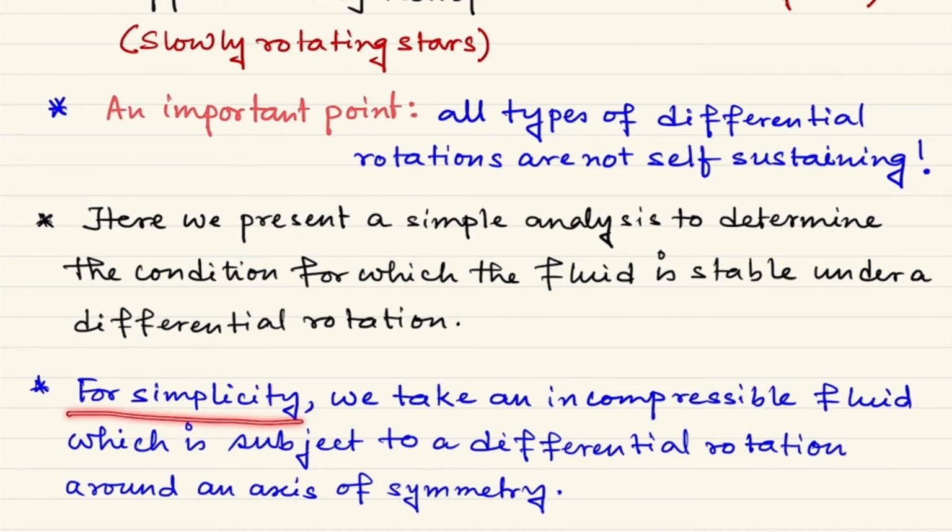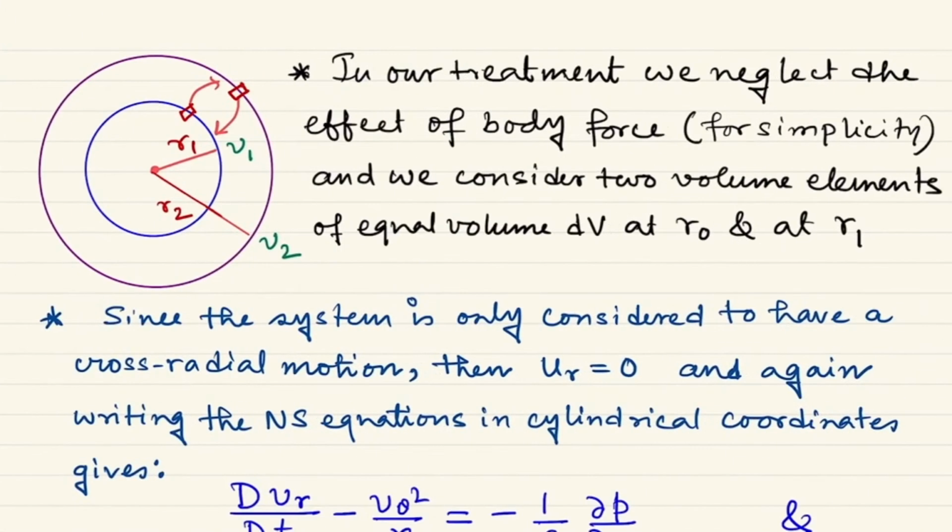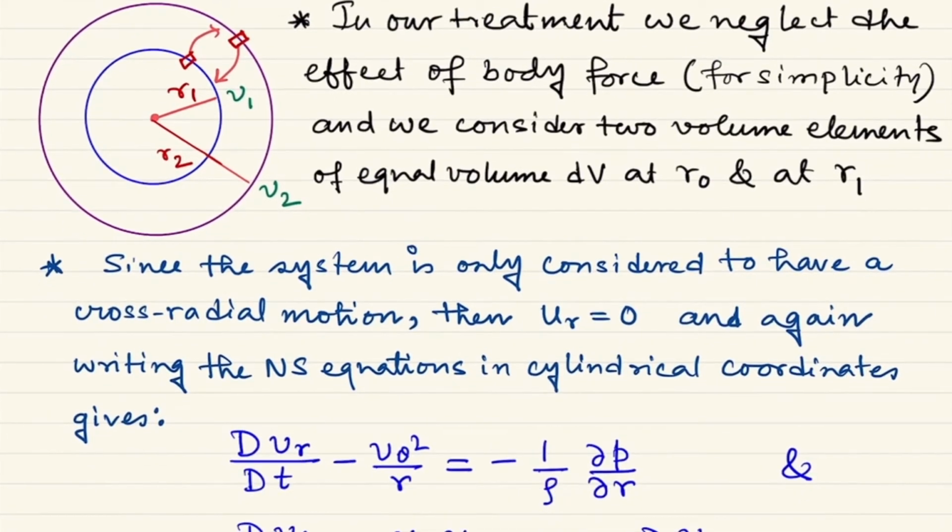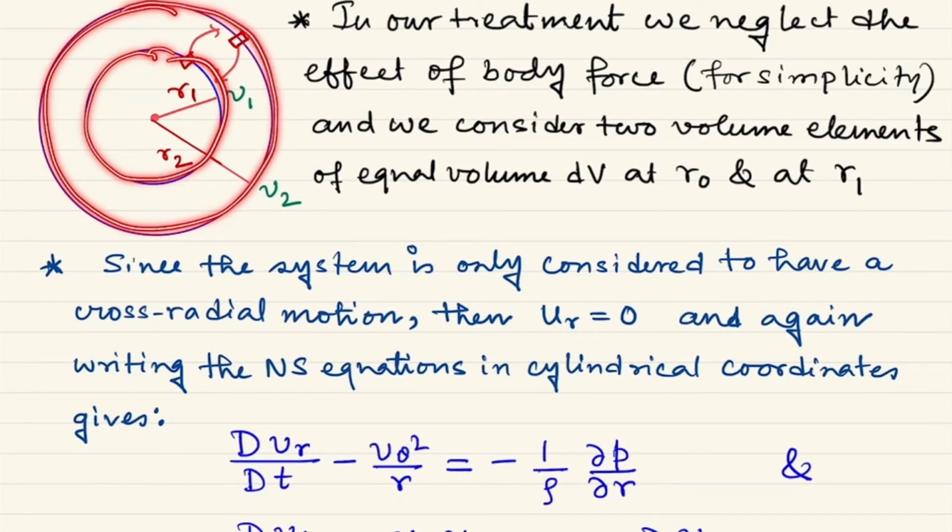For simplicity, here we take an incompressible fluid which is subject to a differential rotation around an axis of symmetry. So you see, this type of disk is there, and we are just taking two concentric rings. One is at R1, another is at R2.